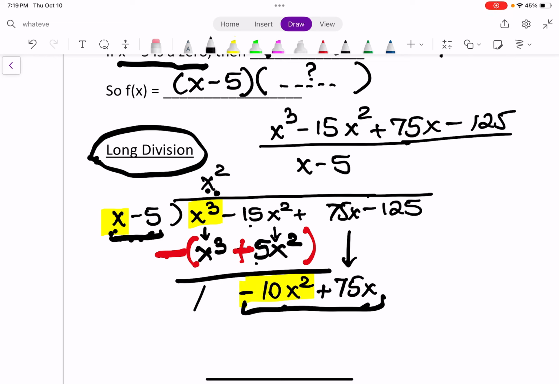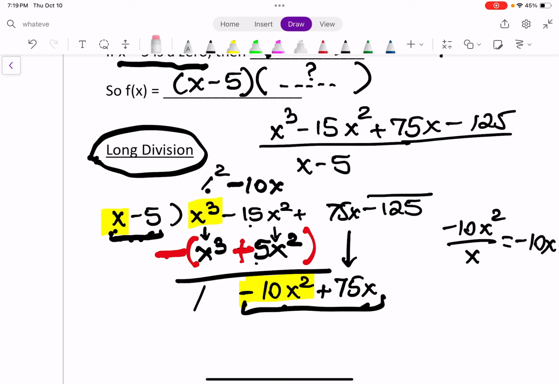So x goes into negative 10x squared how many times? I need a negative 10 factor, and then another x. I'd also like you to notice how these powers go down by 1.